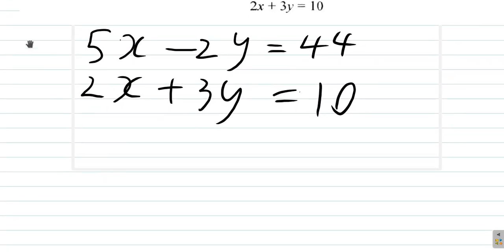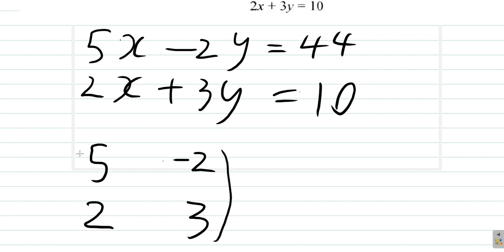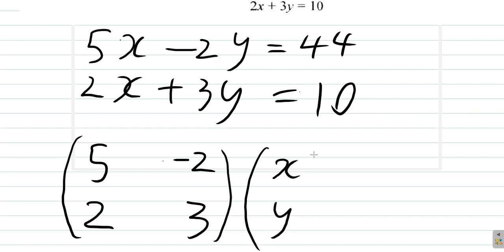Now, write in matrix form. So you have 5, negative 2, 2, 3, that's one matrix, multiplied by x, y as the other matrix, equals 44, 10 as the next matrix.